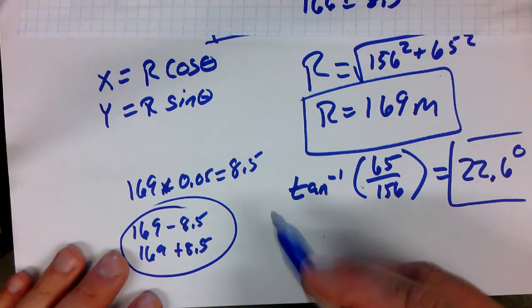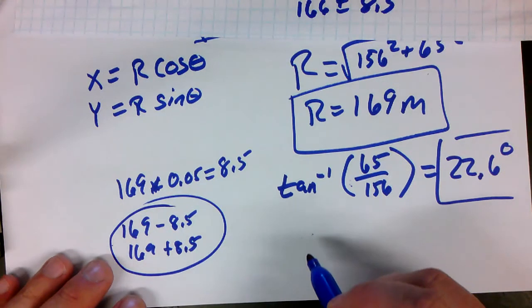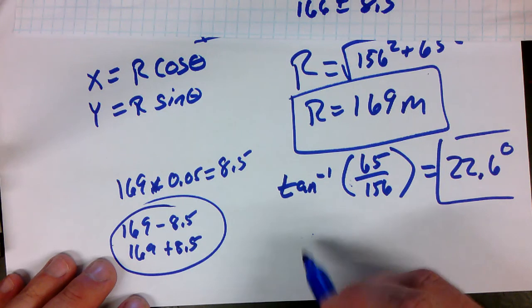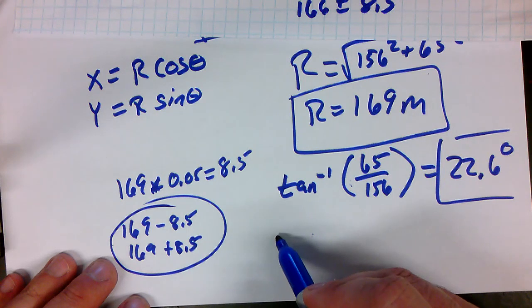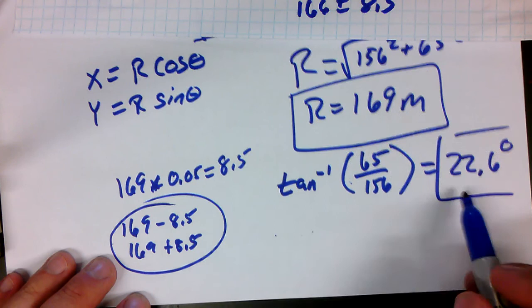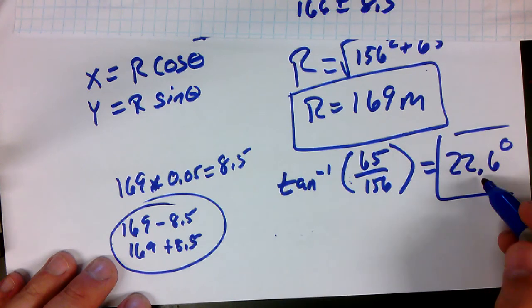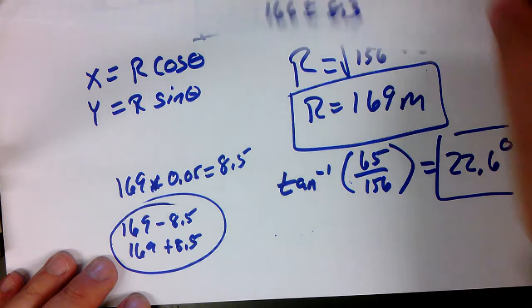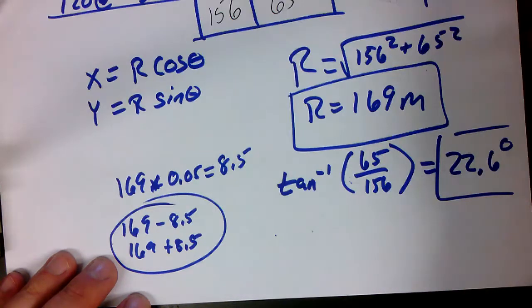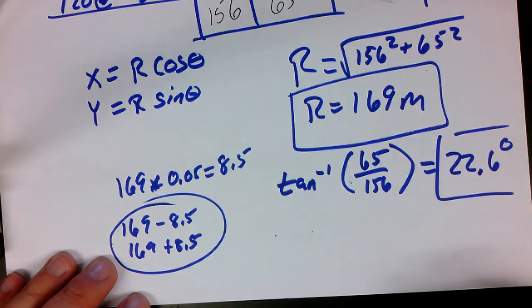And then the second thing is the angle. And so when we do the angle, what we find is that it's plus or minus 3 degrees. So 22.6 minus 3 is 19.6. Plus 3 is 25.6, and our value is 23 over here. So 23 is the correct answer.